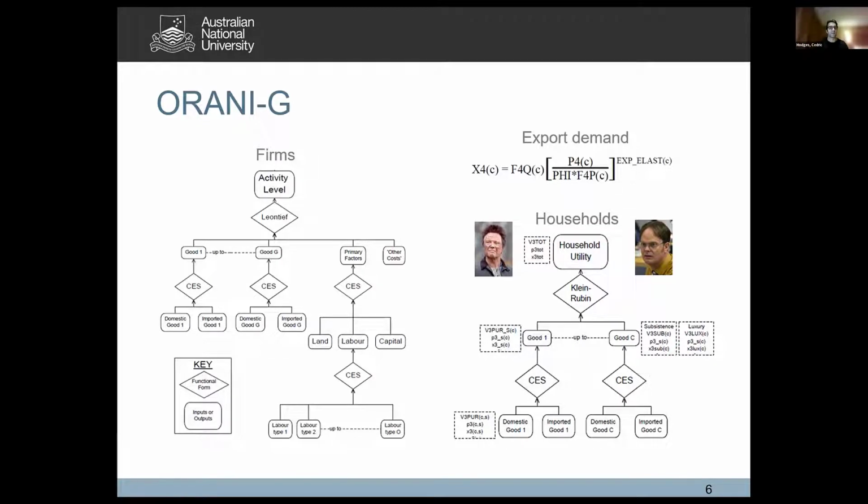And so what that allows us to do is look at a bunch of macroeconomic impacts and outcomes, and sectoral also, but then look at some more detailed impacts on households.